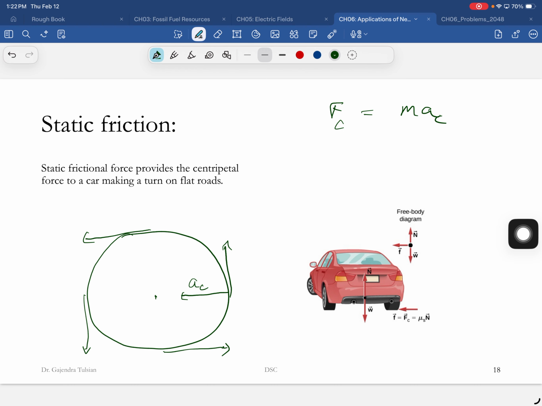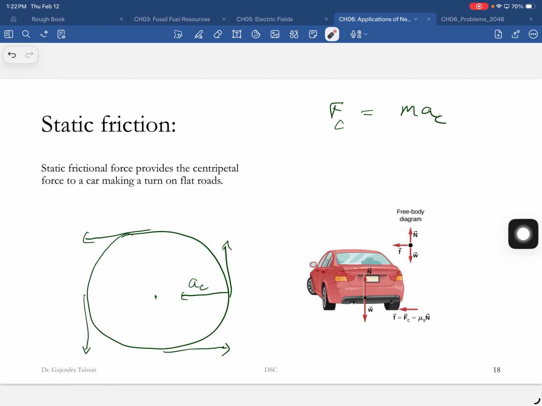So where is the force coming from on the car to make it go around the circle? Friction. What kind of friction?